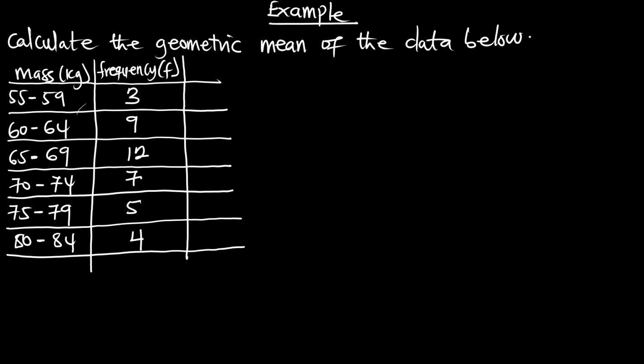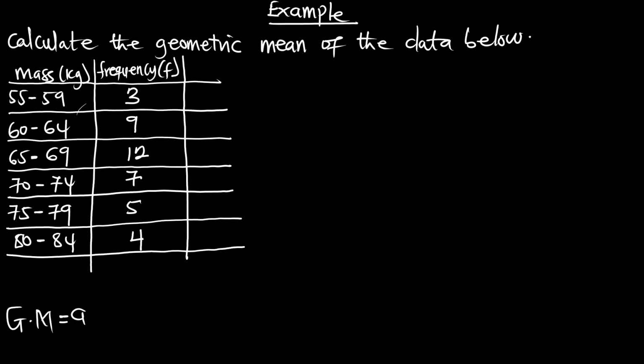So we have mass in kilograms of people, and they are in classes of 55 to 59, 60 to 64, 65 to 69, 70 to 74, 75 to 79, 80 to 84, and we have to find the geometric mean. You can only do this when you know the formula to find the geometric mean. So straight away you write down your formula for grouped data, that your geometric mean is going to be the antilog.